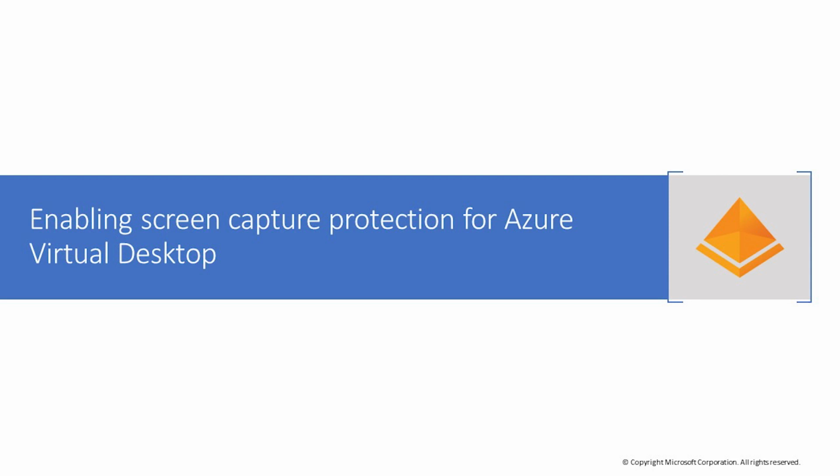Not only that, it becomes very handy at times to use functionality to protect your clients, your sessions, and your hosts. In that aspect, screen capture protection is also one of the very good features which you can enable for Azure Virtual Desktop.